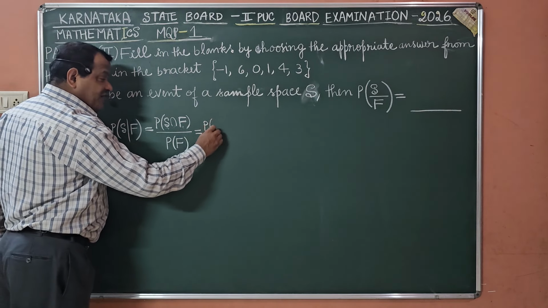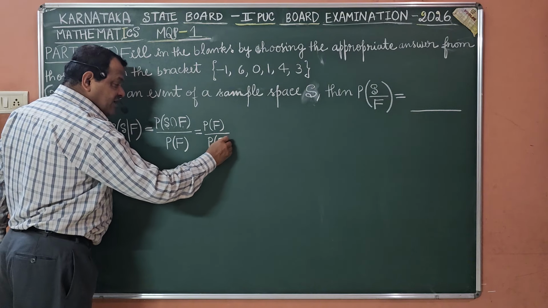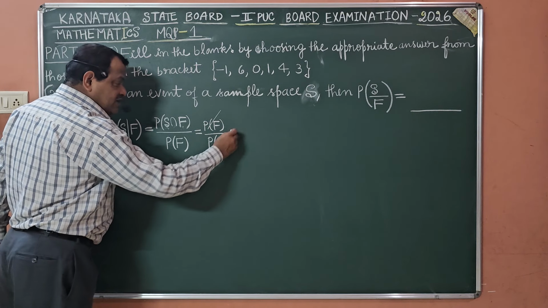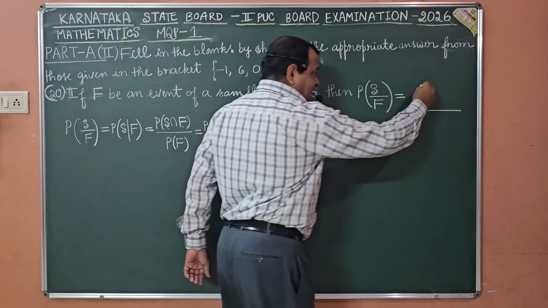Therefore P of F divided by same P of F, so it gets cancelled. So answer is equal to 1. Therefore this fill in the blank 1.